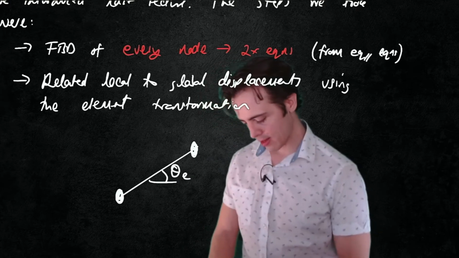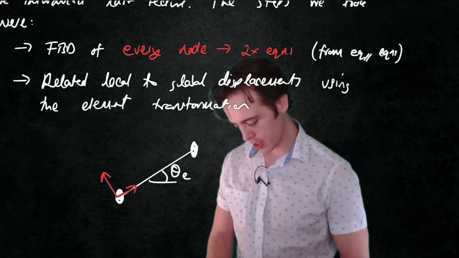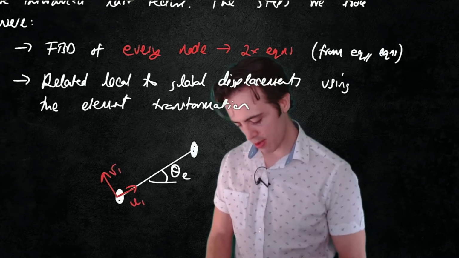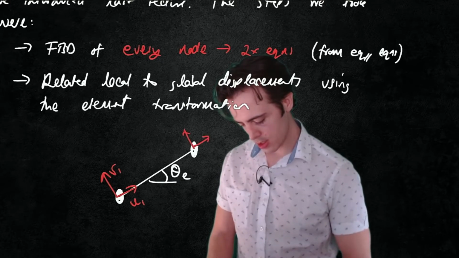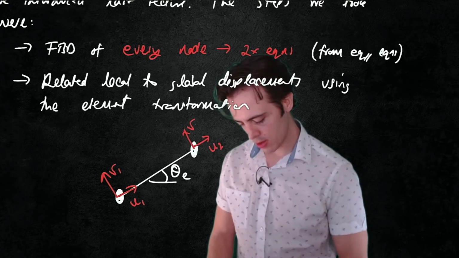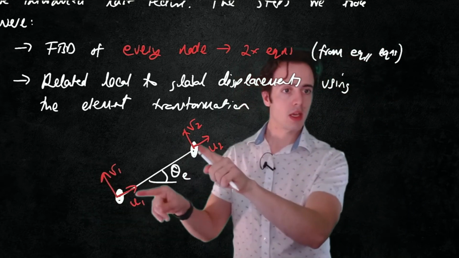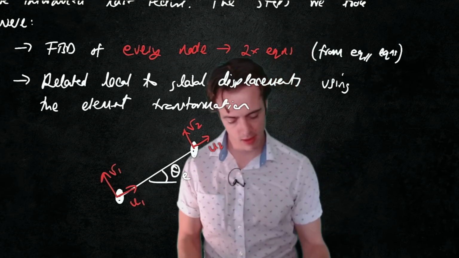We could say that this node has two displacements, lowercase u1 and lowercase v1, and then this node would have u2 and v2, and these would be lowercase. So these are just the axial and then the out of plane movement of each of these nodes.